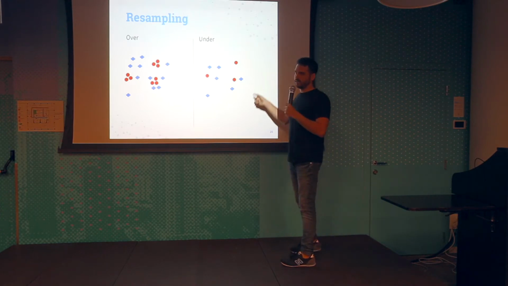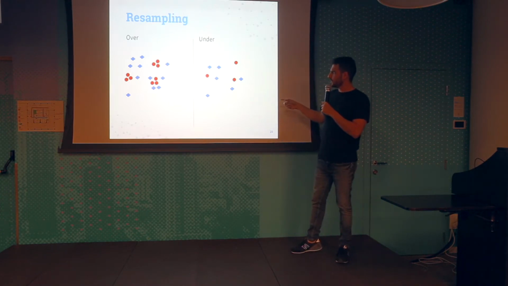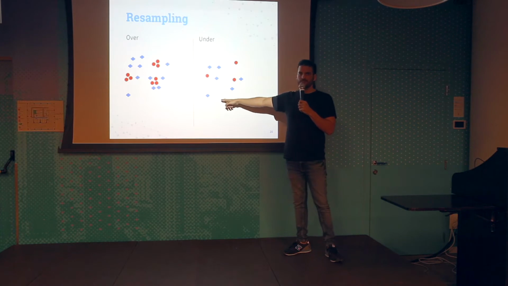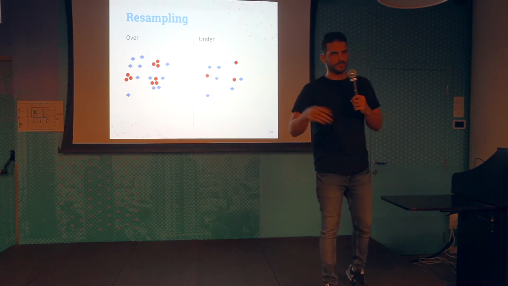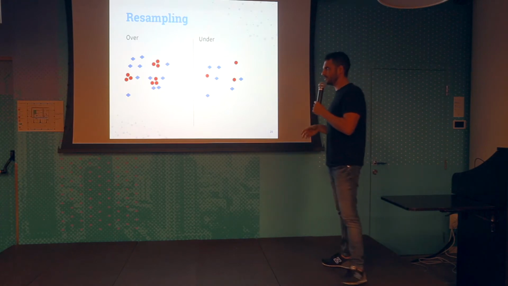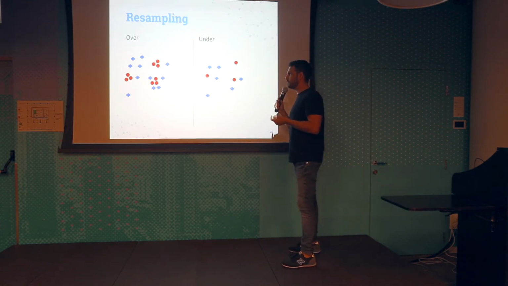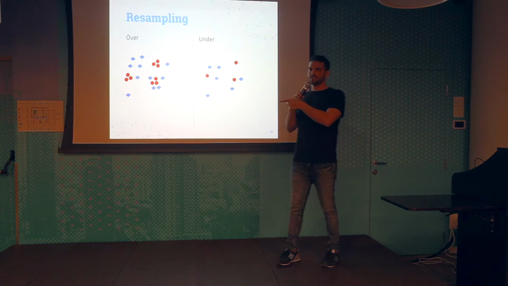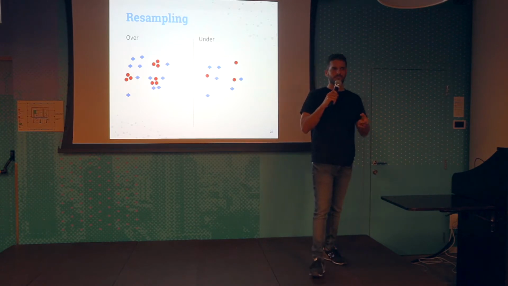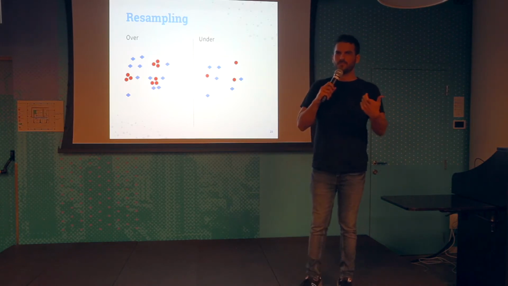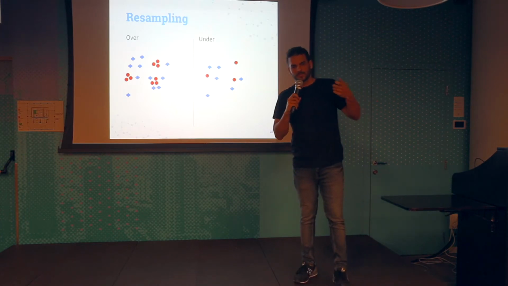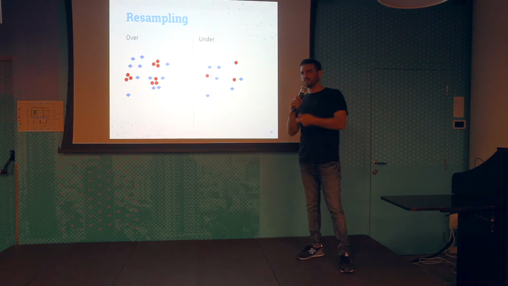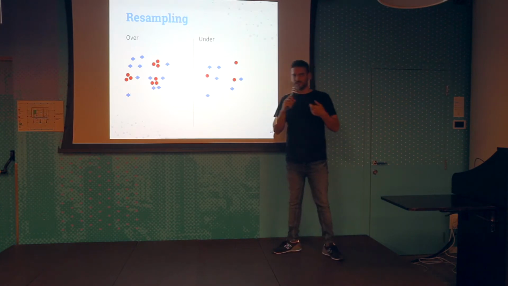What's the problem? In random undersampling, you see this outlier over here? It may get sampled, it may not get sampled. The decision boundary can vary by quite a bit. Oversampling really causes overfitting. If you guys are familiar with the concept of overfitting, basically you create many instances of the same instance, so you duplicate the points.